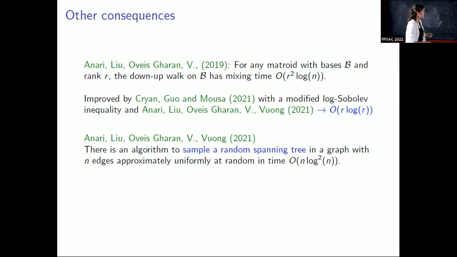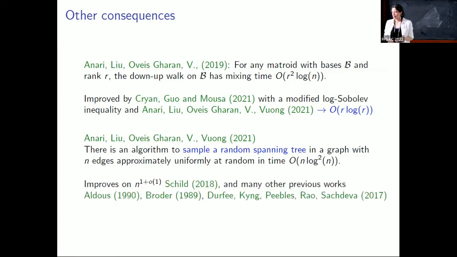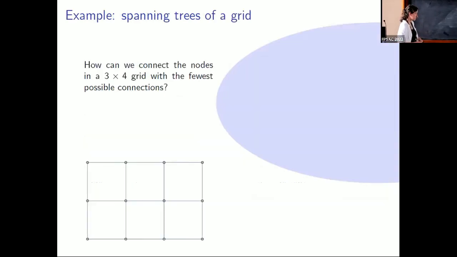In particular, if you start with a graph with n edges, then you can approximately uniformly sample from this in time n log n squared. This is a very classical problem. Before this, the state of the art was close to n. So it improves a bit on the state of the art in this classical problem.